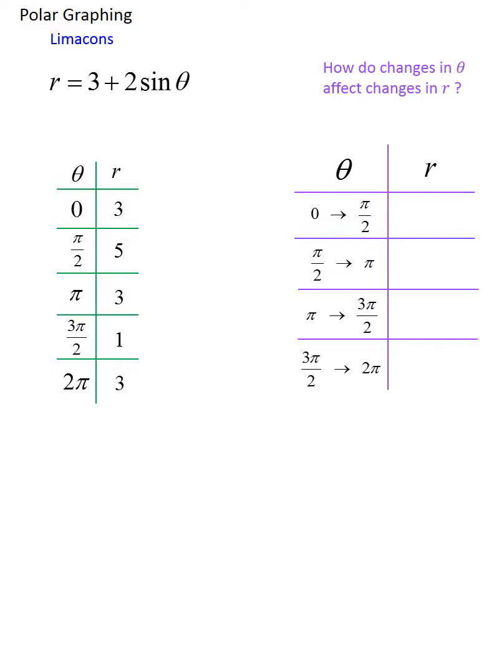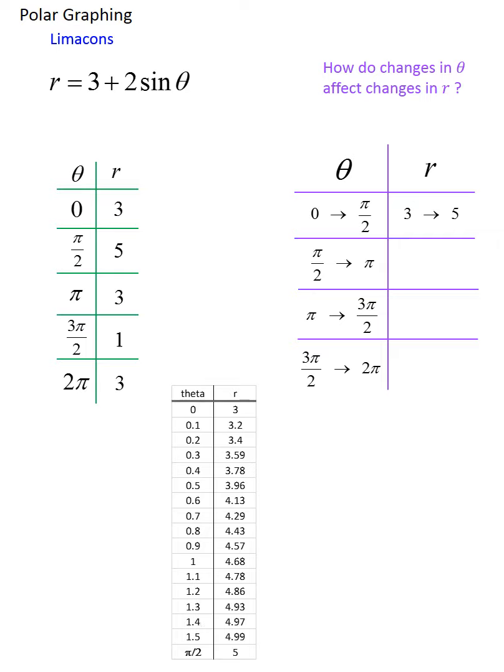Well, if we want to know in quadrant 1 what's happening to r, we simply have to look over here and say, okay, as theta goes from 0 to pi over 2, r is going from 3 to 5. So I'll write 3 to 5 here to symbolize that.